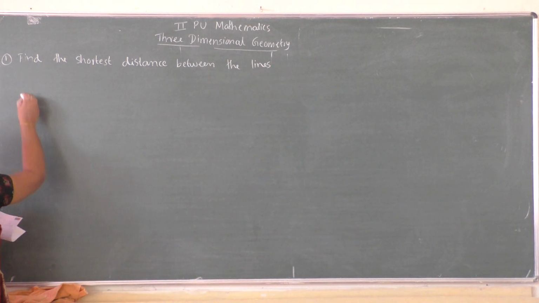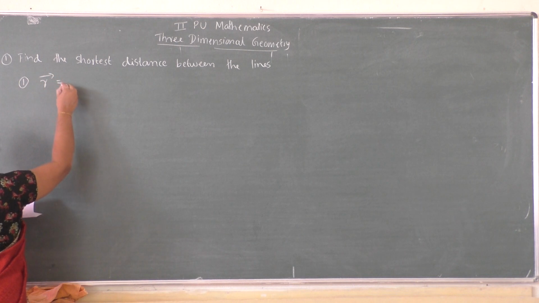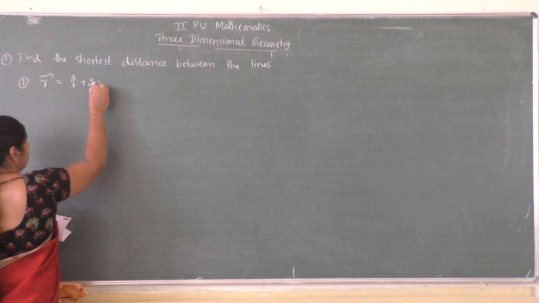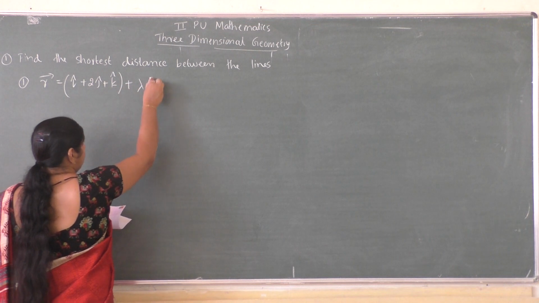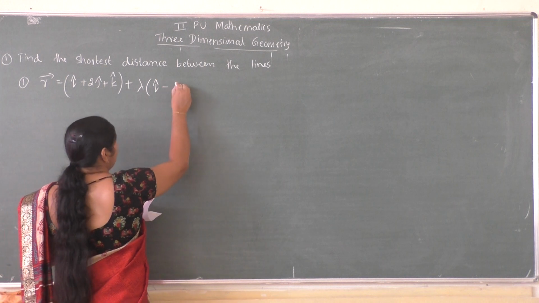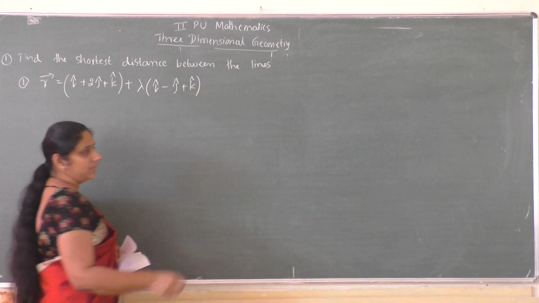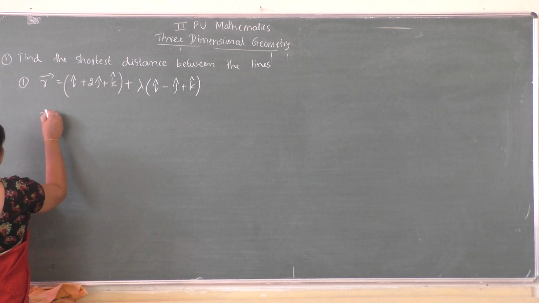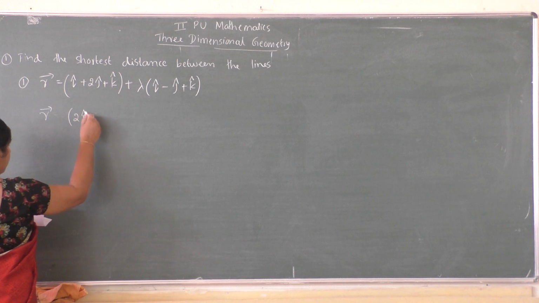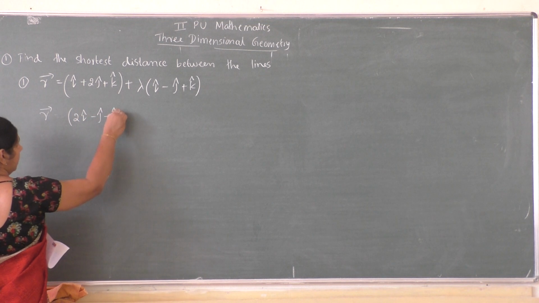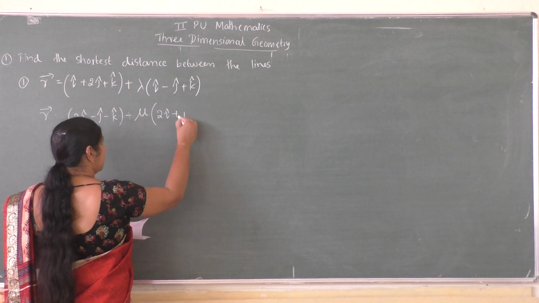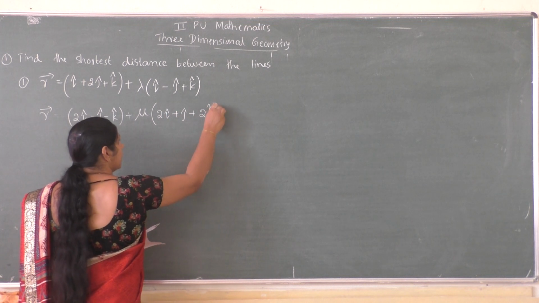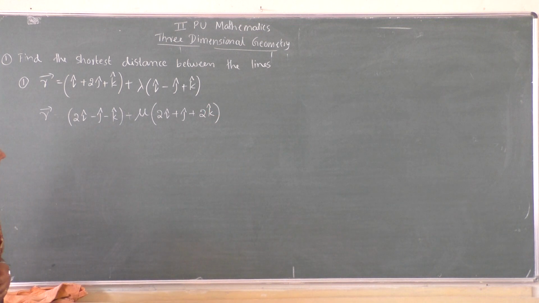First question: r vector equal to i cap plus 2j cap plus k cap plus lambda into i cap minus j cap plus k cap, and r vector equal to 2i cap minus j cap minus k cap plus mu into 2i cap plus j cap plus 2k cap. So we have to find the shortest distance between these two lines.